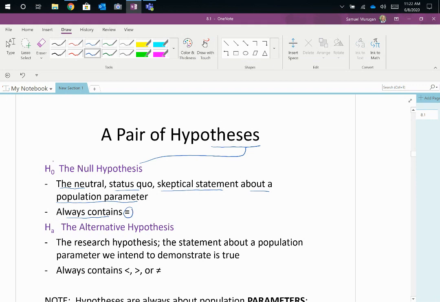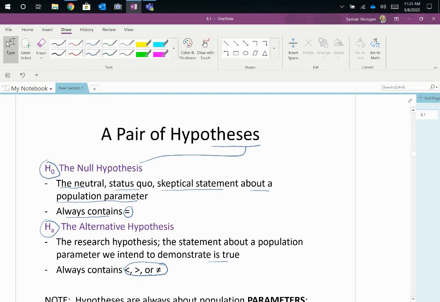We're going to see how this works in a little bit. And then the alternative hypothesis is the research hypothesis, the statement about the population we intend to demonstrate is true. It always contains less than, greater than, or not equal to. So the null hypothesis always has the equal sign, and the research hypothesis is the alternative hypothesis, and we recognize it because it always has less than, greater than, or not equal to.